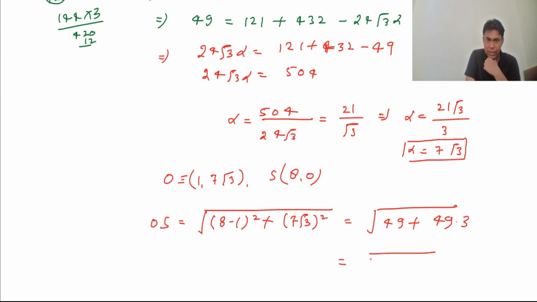After simplifying it we will have 49 times 4. The square root of 49 is 7 and the square root of 4 is 2, so 7 multiplied by 2 is 14. That means the radius of the circle is 14 units, and this is the answer of the question.